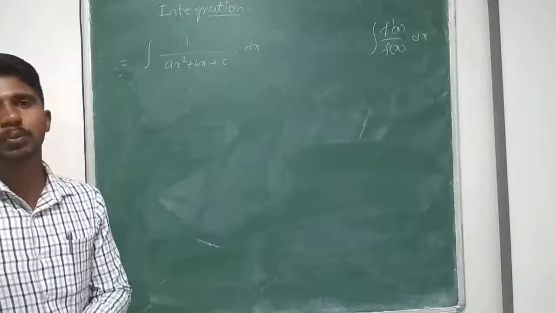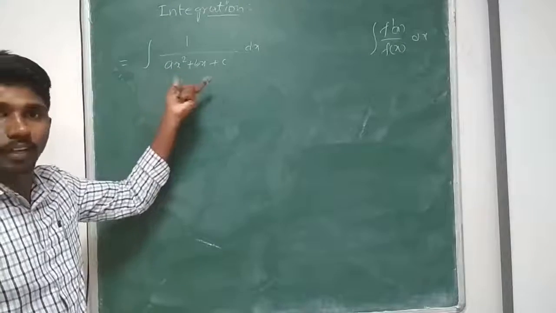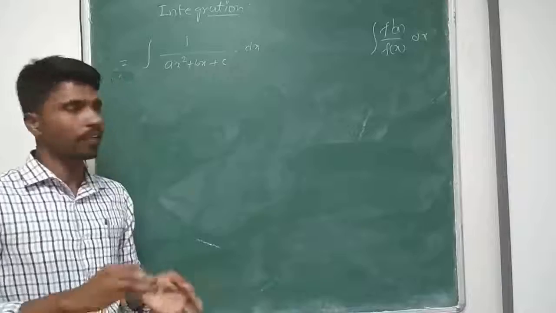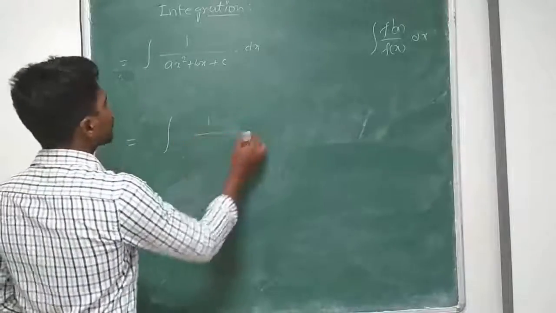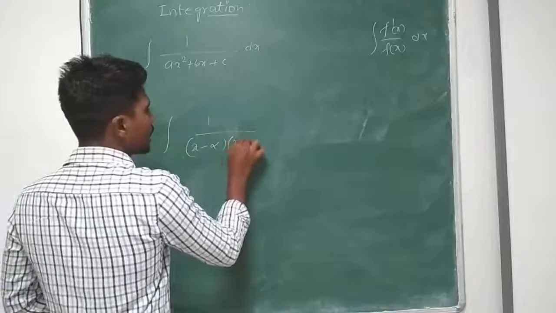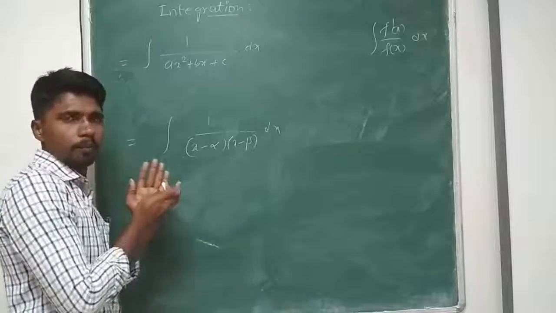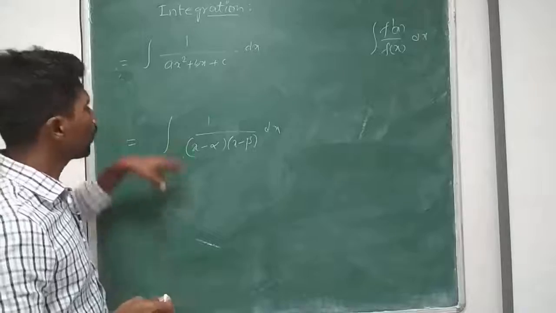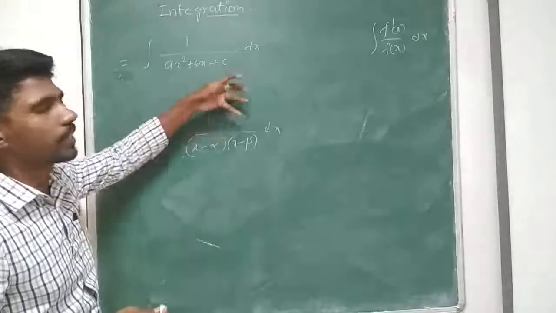So what is the completing square method? If I have a quadratic expression like this which cannot be factorized... if we are able to factorize this one, suppose we are able to write 1 by (x minus alpha) into (x minus beta) dx, we can follow the previous process we did in the previous exercise. If you are not able to factorize this particular expression, then what to do?